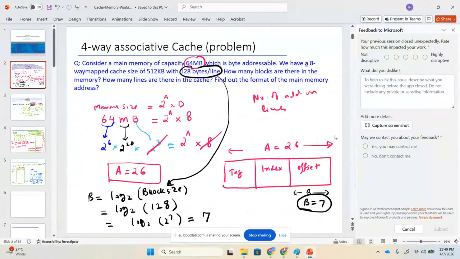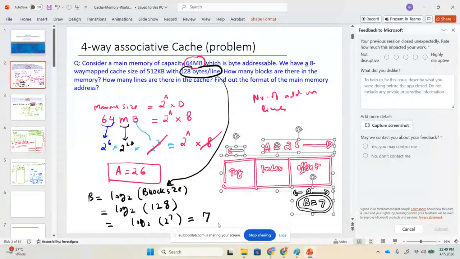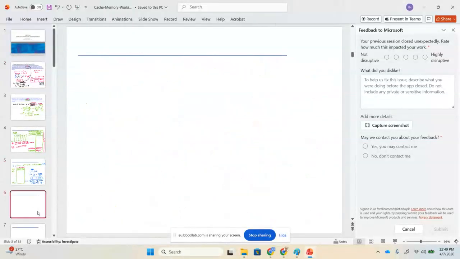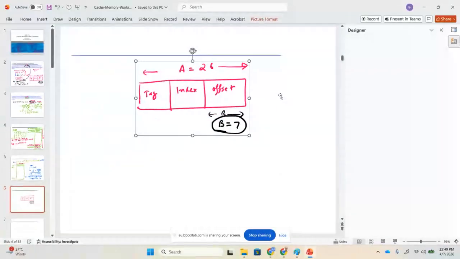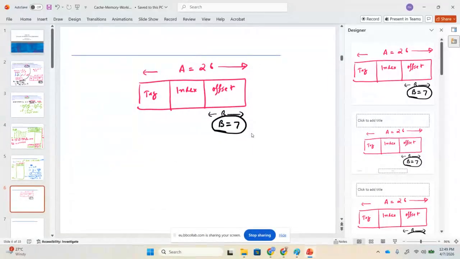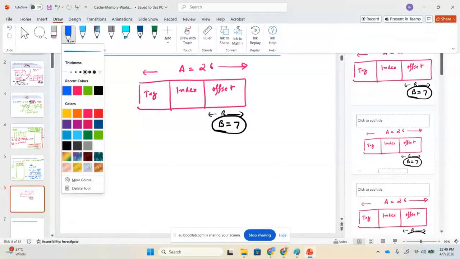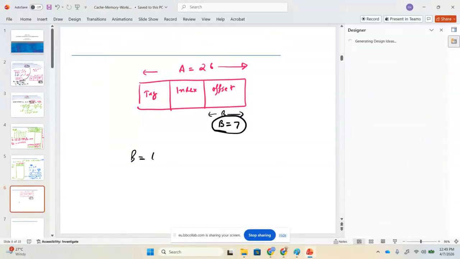So now this is the whole thing, and I'm copying it from here. We already calculated B. In the previous part we calculated B. How did we calculate B? Remember, B was the log2 of the block size.